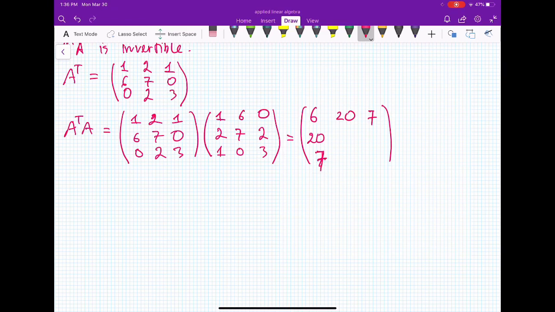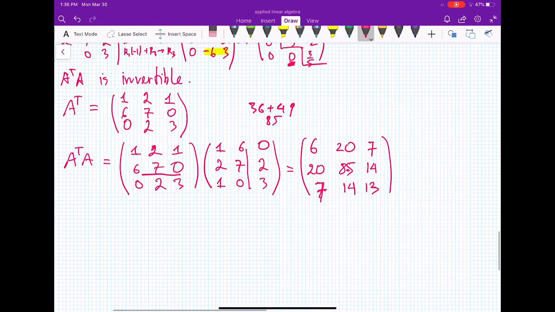So the second entry right here is equal to this times this. So I have 36 plus 49, which is 85, right? I have 85 in here. And then the last one is 6014. So I have 14 in here. The last entry right here is equal to 49 is 13. So that is A^T A.